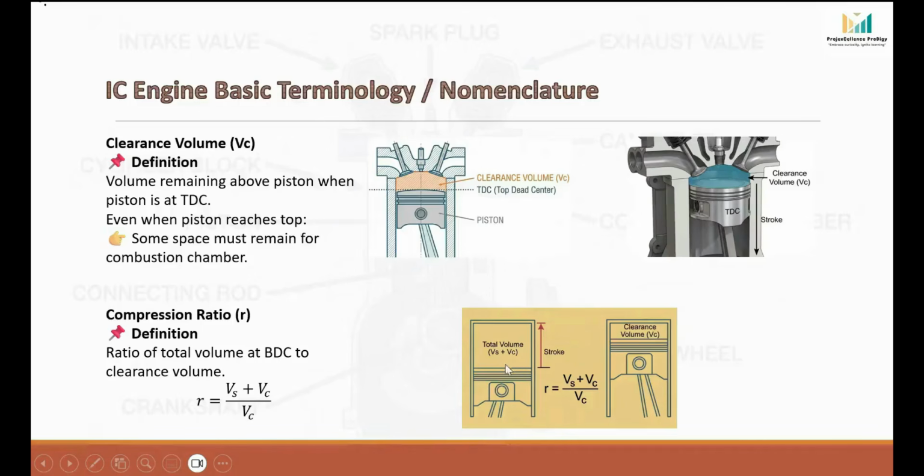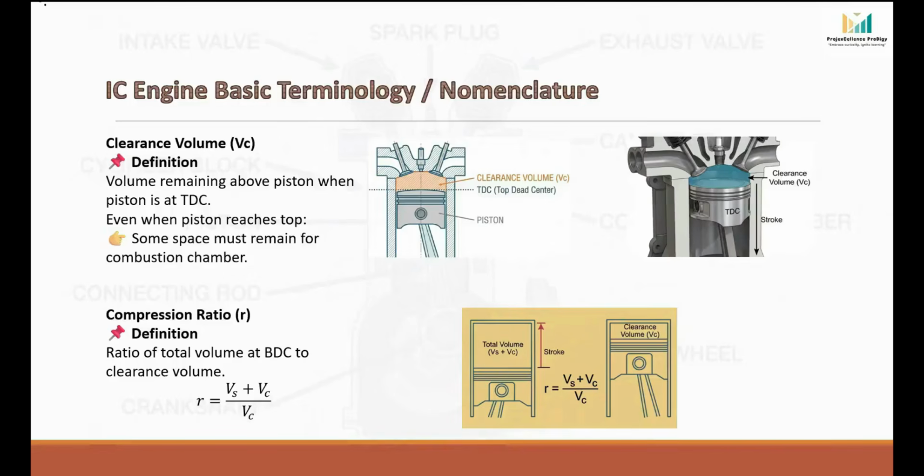Compression ratio directly affects pressure, temperature, combustion quality, engine power, and fuel efficiency. So generally, high compression ratio means better performance. But there is a limit. If compression ratio becomes too high, in case of petrol engine, there may be knocking or a risk of engine damage.